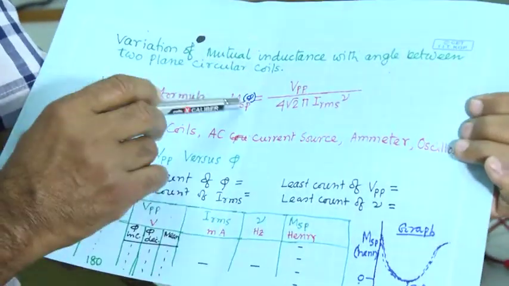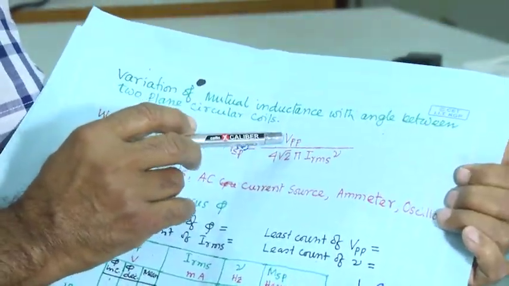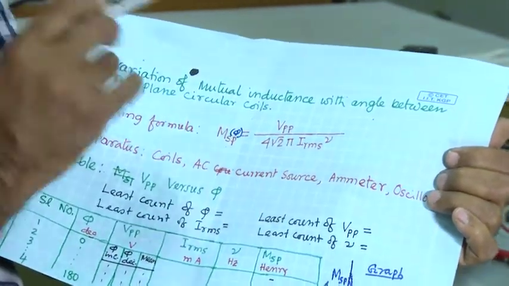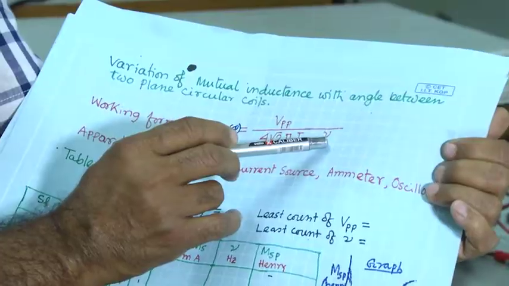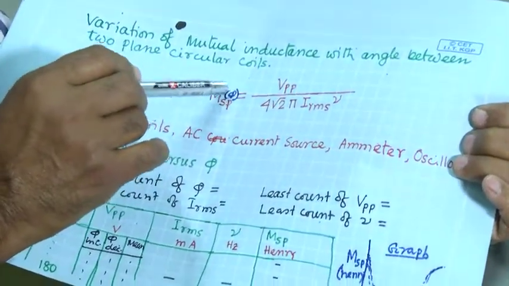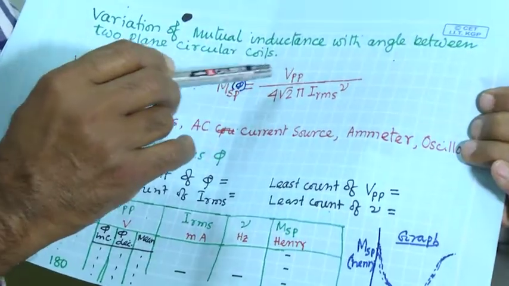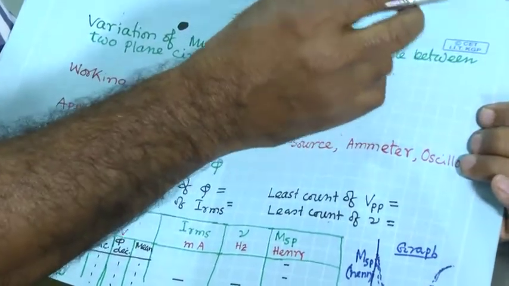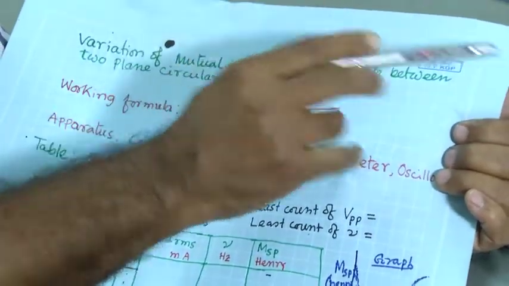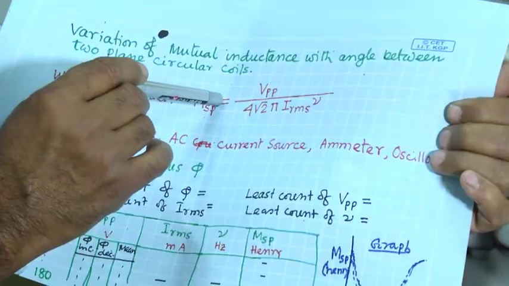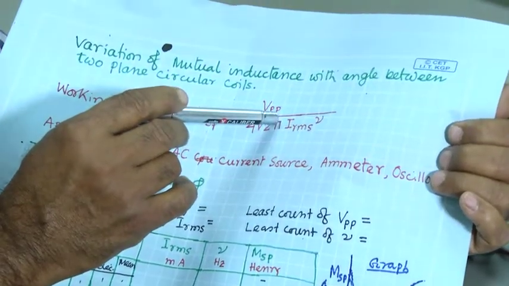To calculate this, the current will be fixed and the frequency will be fixed. Only the angle phi we will vary, and then VPP will vary. We will get the VPP reading from the oscilloscope, and for each angle VPP will be different.